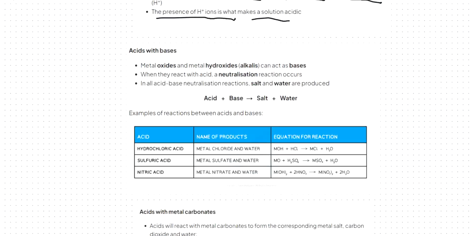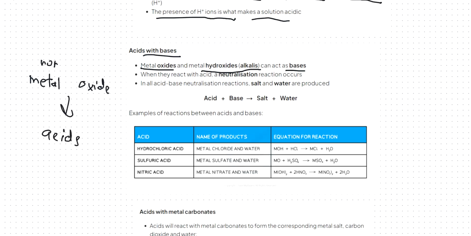With acids and bases, remember, metal oxides and metal hydroxides can act as bases, and non-metal oxides act as acids. So acid plus base gives you salt and water.